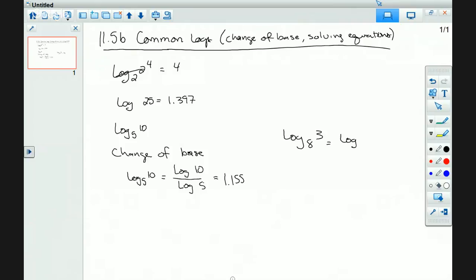So change of base formula, what did you put? And you got what? There's a change of base formula, pretty straightforward. This one goes on the top, that one goes on the bottom.